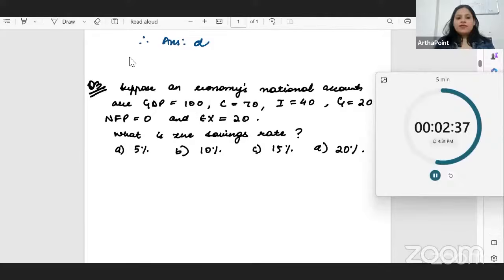So you have to find the savings rate of this economy.